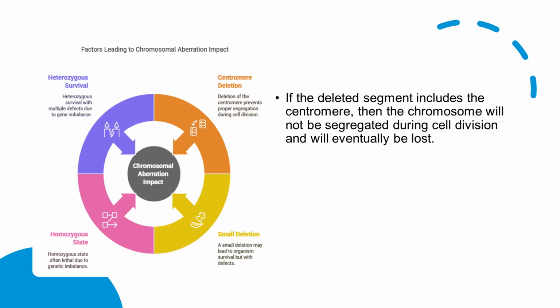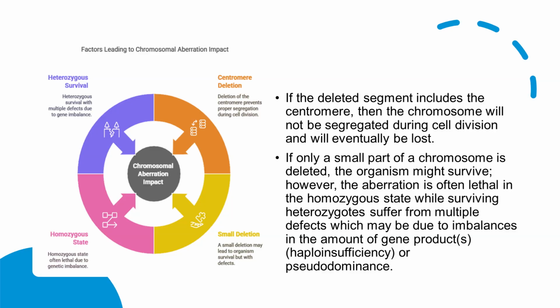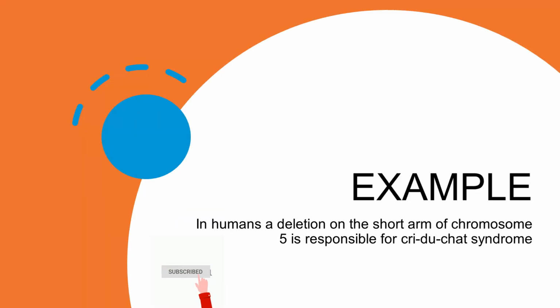If the deleted segment includes the centromere, then the chromosome will not be segregated during cell division and will eventually be lost. Changes in the amount of gene products lead to haploinsufficiency or pseudodominance. Example: in humans, a deletion on the short arm of chromosome 5 is responsible for Cri-du-Chat syndrome.